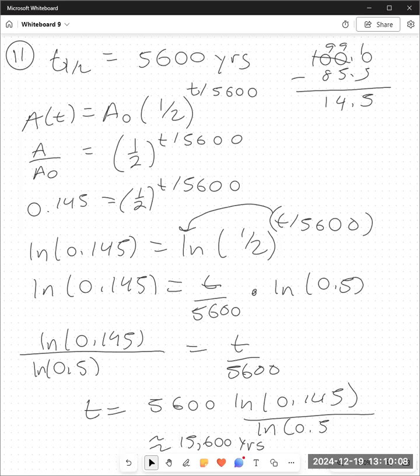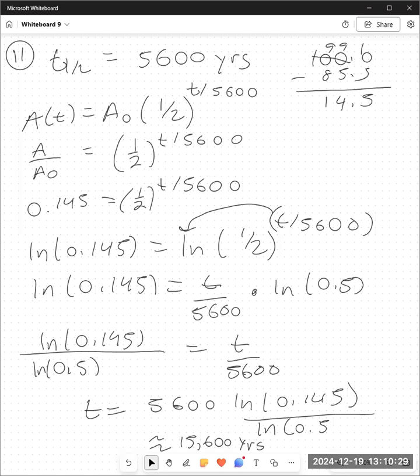So we're assuming a constant decay rate, but it's going to be about 15,600 years. Here is how old this piece of burned wood or charcoal would be that we're examining from this archaeological dig site. All right.